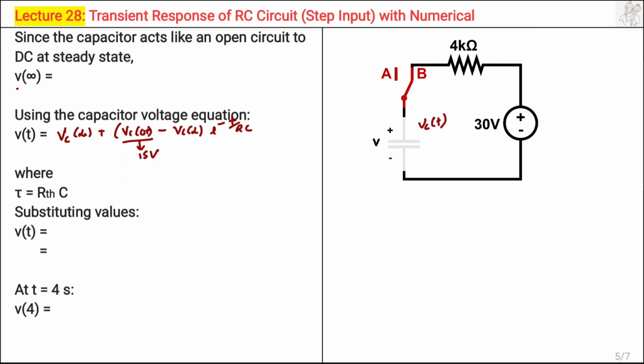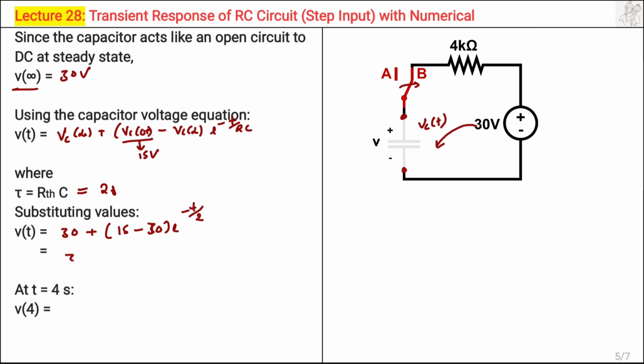And now at t equal to infinite, since the switch is at B for a very long time, the capacitor will behave like an open circuit and the source voltage will be seen at the capacitor terminals. Therefore, Vc infinite will be simply equal to 30 volts. And the time constant, R Thevenin into C, came out to be 2 seconds. Now, inserting these values, we get Vc infinite, that is 30, plus Vc(0 plus), that is 15, minus Vc infinite, that is 30, into e raised to power minus t by RC, that is 2 seconds.